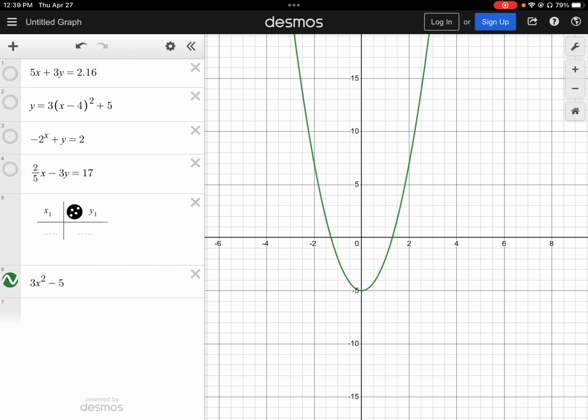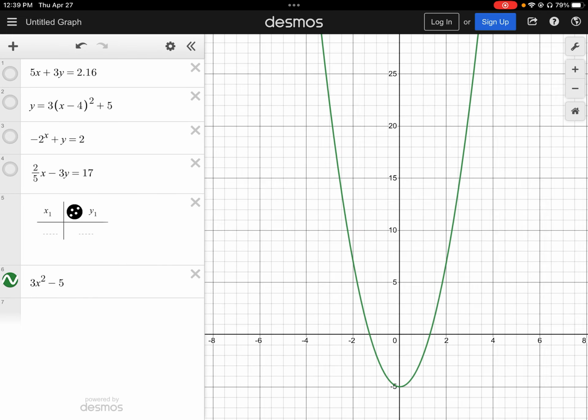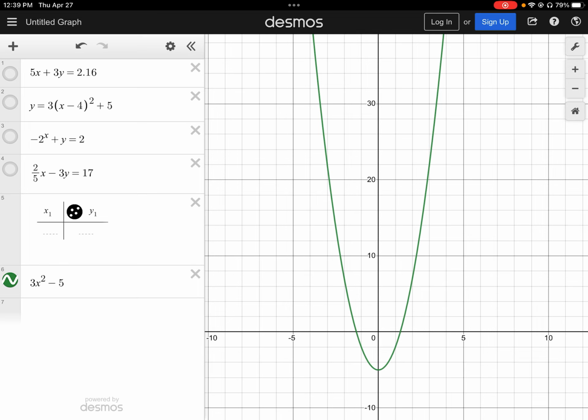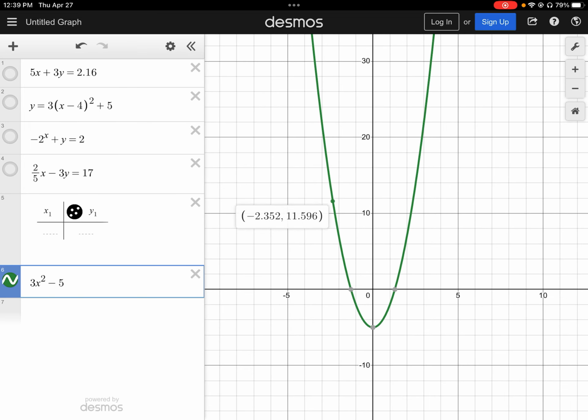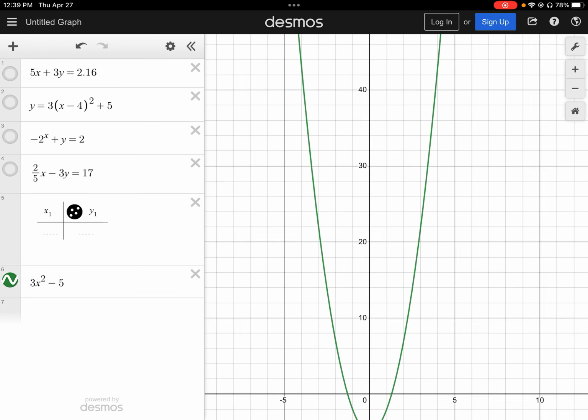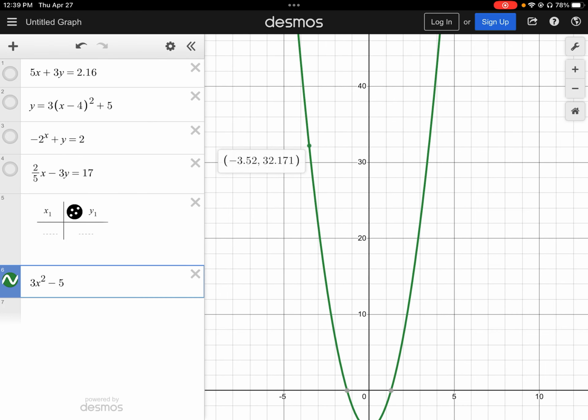Okay, and then I want to zoom in and I would trace this. And when I see the ordered pair negative 4, going up, negative 4, let's go up further. There it is. Negative 4, 43.